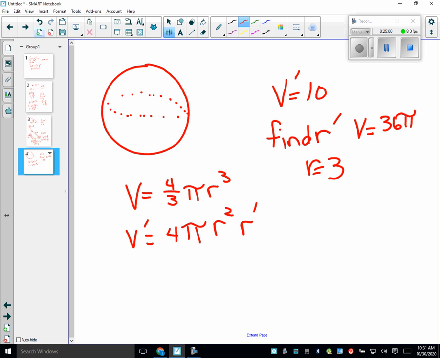Yep. So you should be able to find R prime, right? So we're good with that. I put V prime equals 4/3 pi r squared r prime. Well, yeah, you just didn't reduce the 4/3. Oh, yeah, okay, sorry. Yeah, we're good.